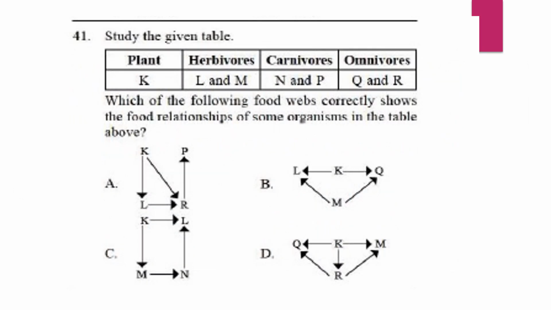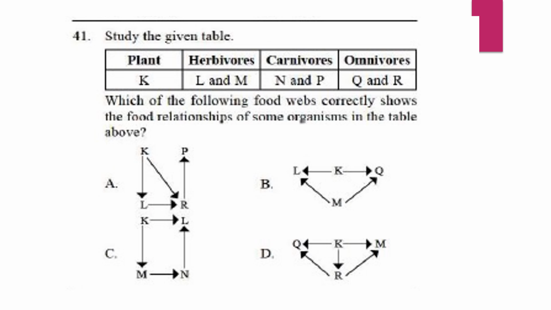Question number 41. Study the given table. Plant K, herbivorous L and M, carnivorous N and P, omnivorous Q and R. Which of the following food webs correctly shows the food relationships of some organisms in the table above?